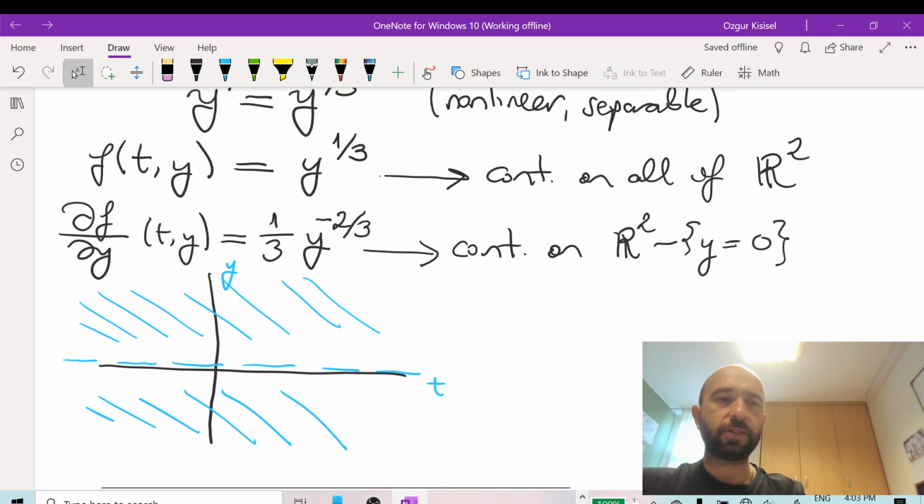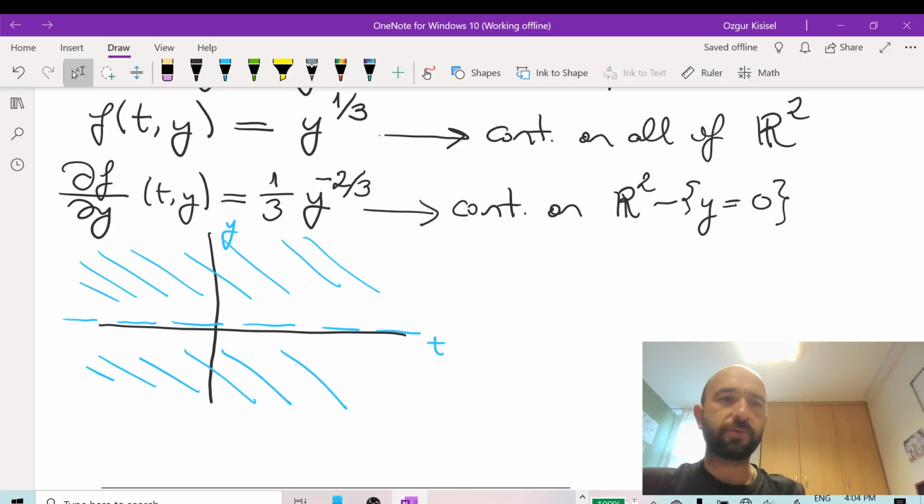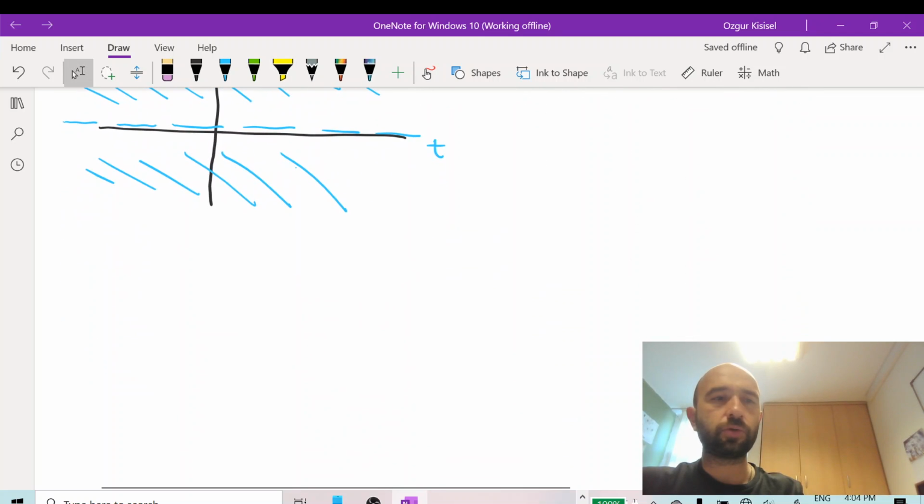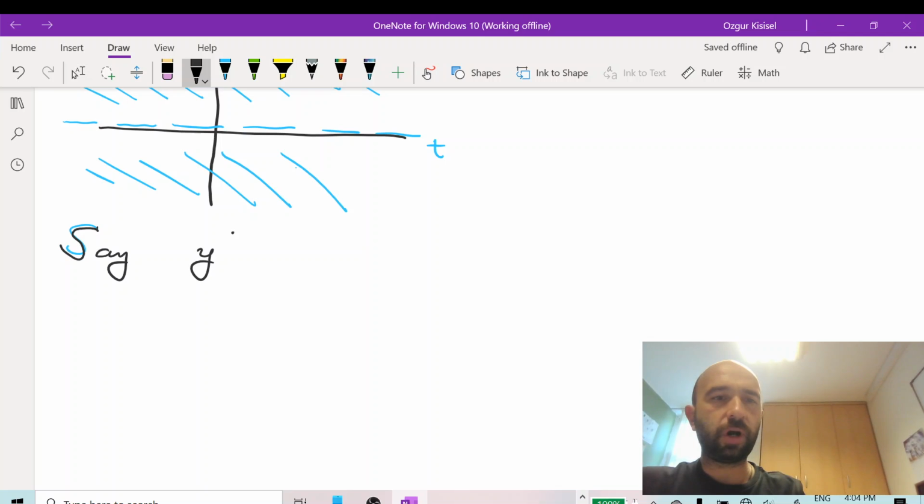Now let me show you that the uniqueness part of the theorem can fail if we select our initial point right on this axis. Okay? So suppose, switch to black, say y of 0 equals 0. This point is on the bad place, right?